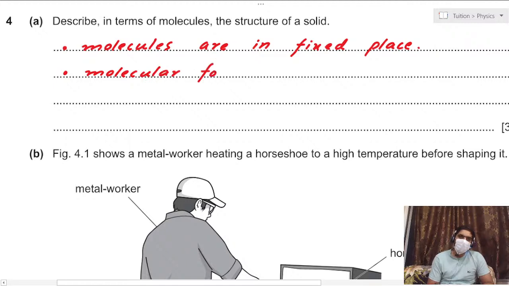Molecules form a regular pattern. This will be your second pointer.